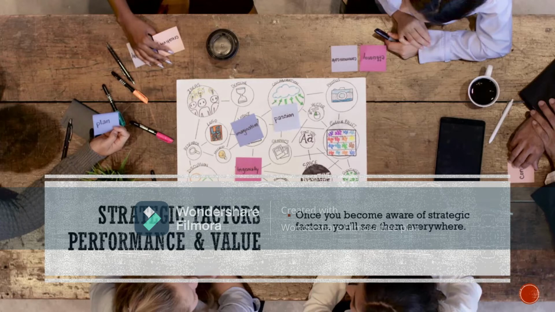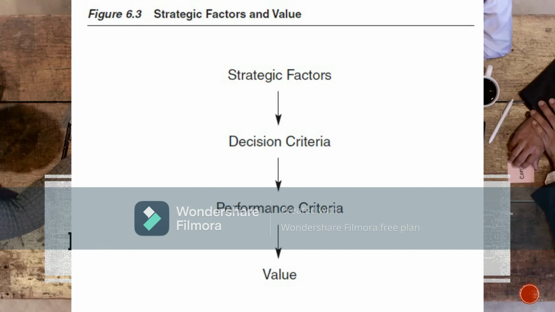Strategic factors, performance and value. The relationship between strategic factors and value is illustrated in figure 6.3. It shows the strategic factors give rise to decision criteria, what we were talking about above. Key stakeholders use these criteria to make a decision to support one organization or business over another.